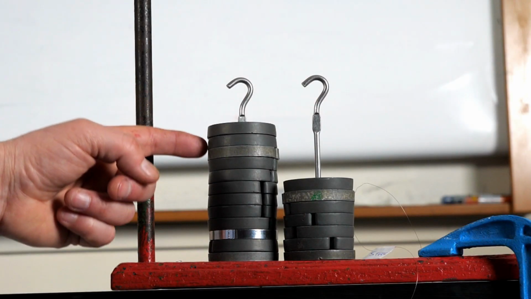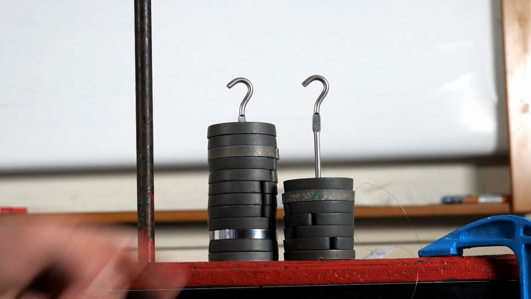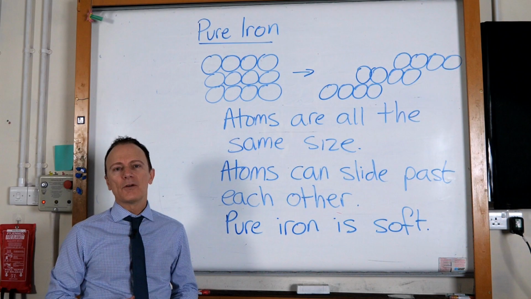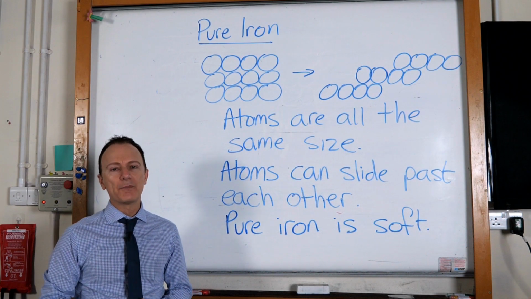This time it took 1,900 grams to break the steel, so steel is clearly much stronger than the pure iron on its own. So why was the steel so much stronger than the pure iron?